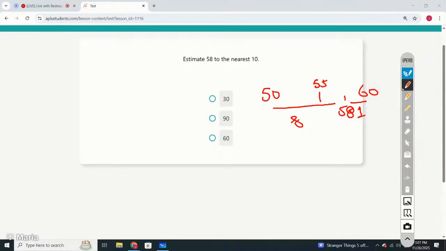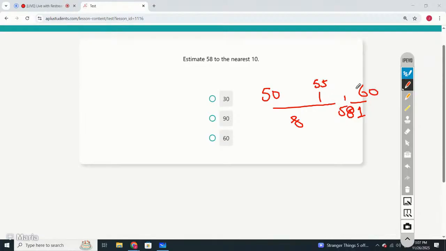So which number would it be rounded to? It would be rounded to 60, because it is just 2 points away from 60.